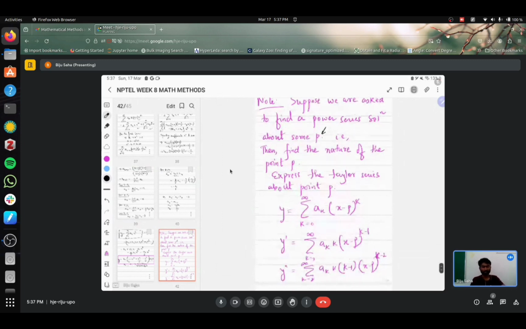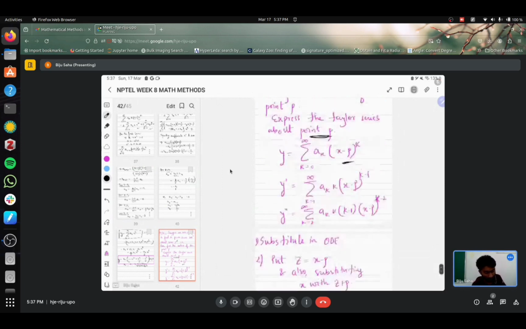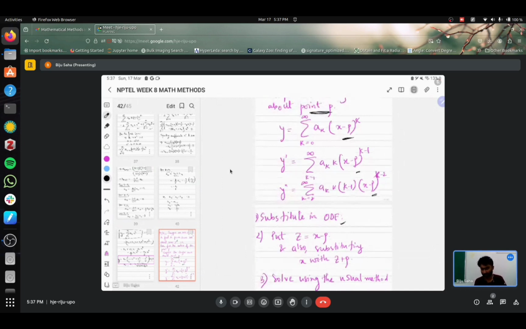After that, we have to expand my function y in terms of a power series about the point p. This is how the expansion looks. The next step is to find the first order derivative and the second order derivative, and the third step is to substitute in the differential equation. The next step is to put x minus p equal to z, and in the differential equation we substitute x with z plus p.